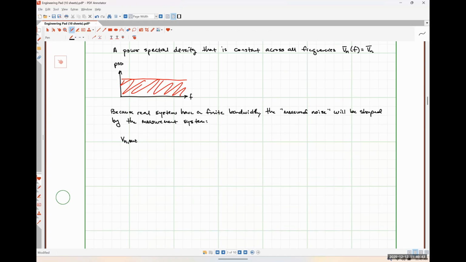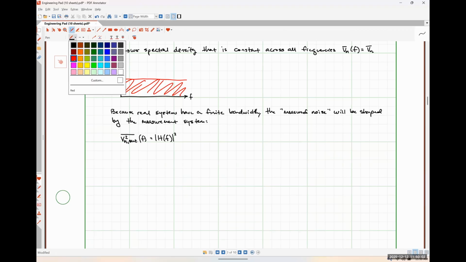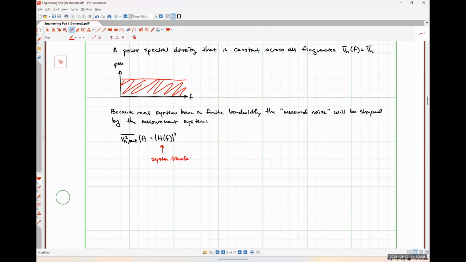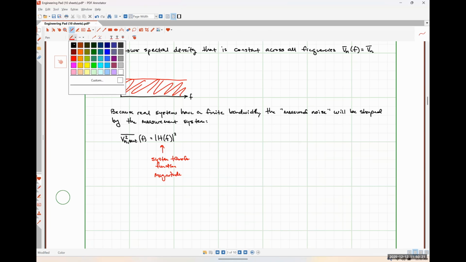So the power spectral density of our system is going to be the magnitude of our system's transfer function squared, shaped, times our power spectral density. So let me just make a note of that.